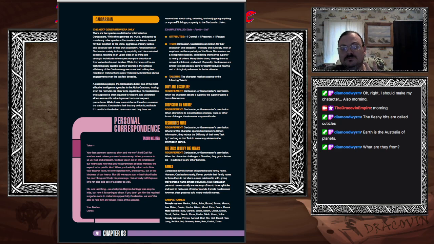Again, in the Next Generation era, certainly post the Dominion War, I could see a Cardassian joining the Federation because, honestly, the Federation ended up helping free their homeworld. They joined the Dominion. It turned out to be a terrible idea. Not that the Cardassians weren't already in a lot of trouble because of a number of things with their government. There had been some destabilization happening over recent years.